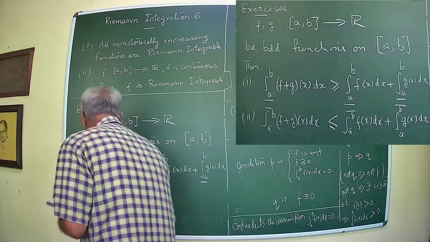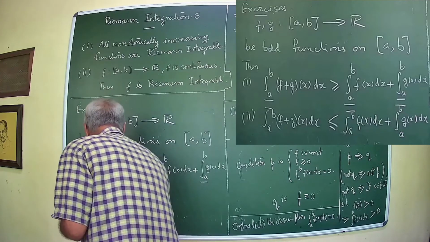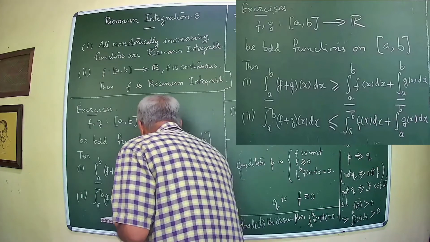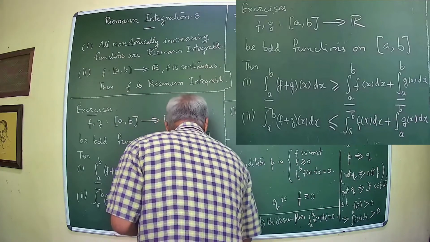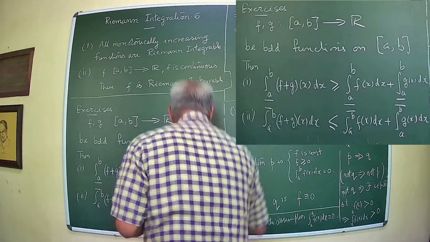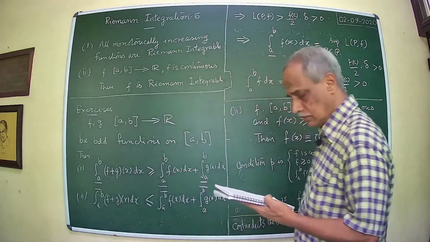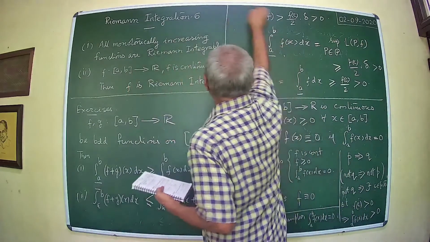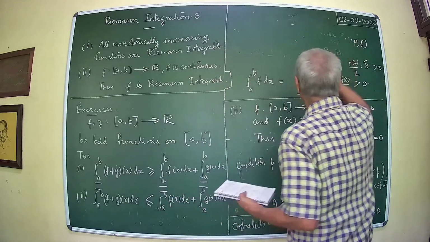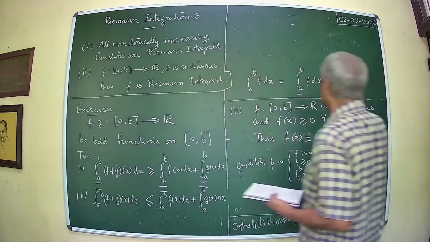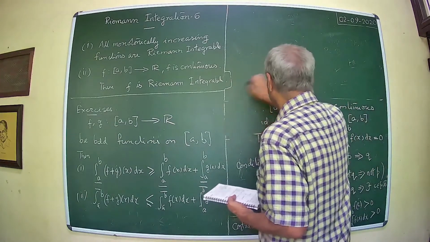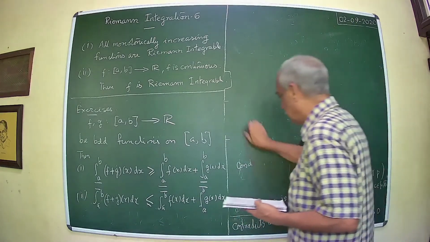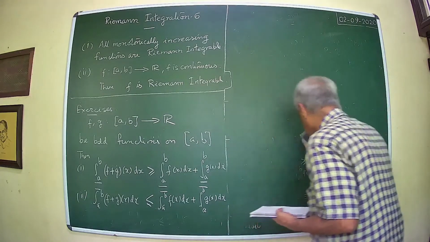The upper integral of f plus g is less than or equal to the corresponding sum. This is about the upper integral. Make a comment about how to prove this. Although I don't want to give the details of the proof, which you can work out yourself. It's a good exercise to learn the art of doing mathematics.